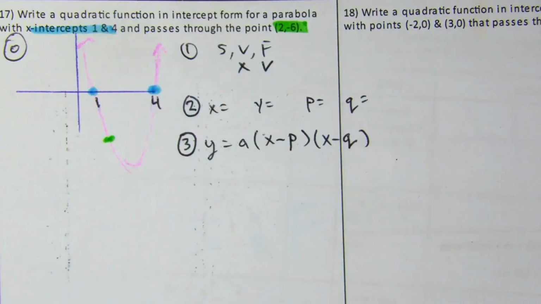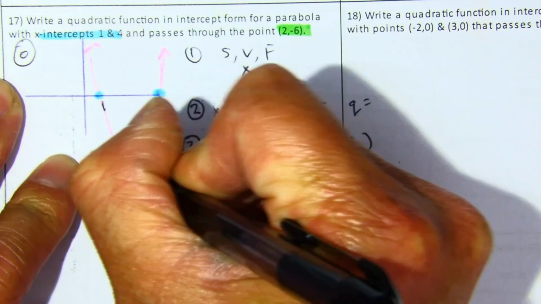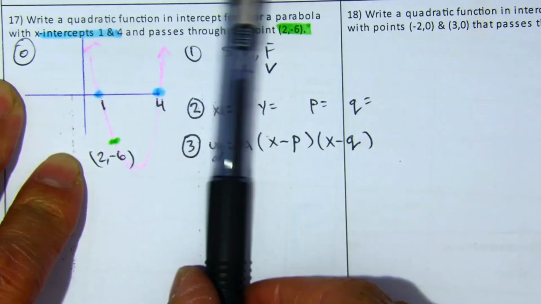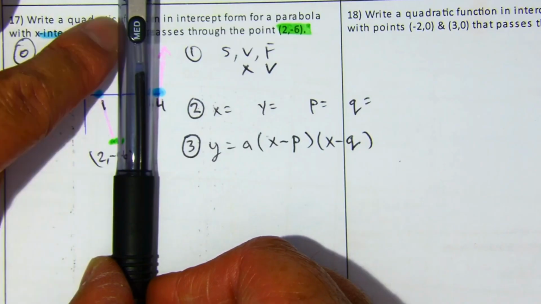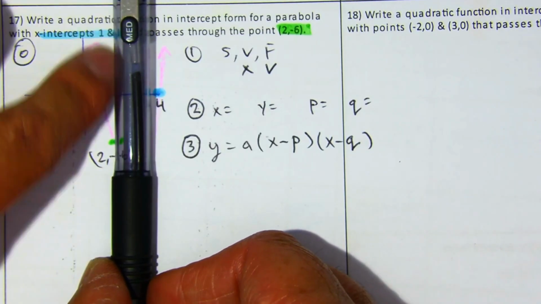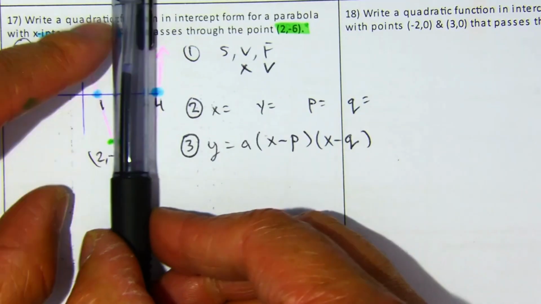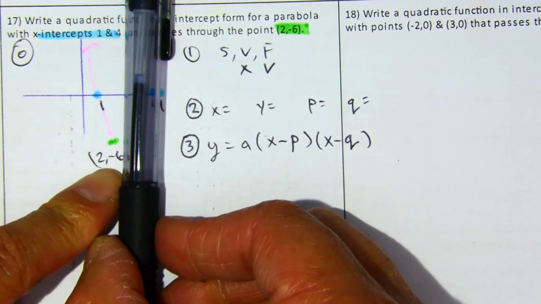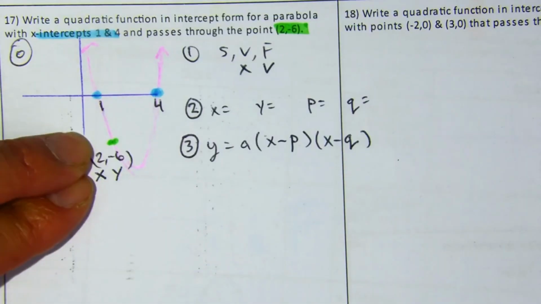So, my ordered pair was 2, negative 6. I want you to notice that this is not my axis of symmetry. It's not the midpoint. 1 plus 4 divided by 2 is 2.5. So it's just a point: X, Y. X is 2.